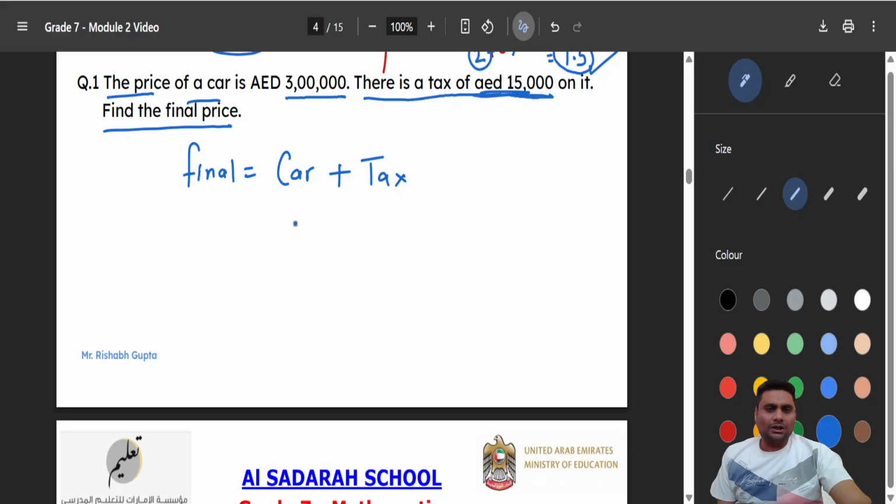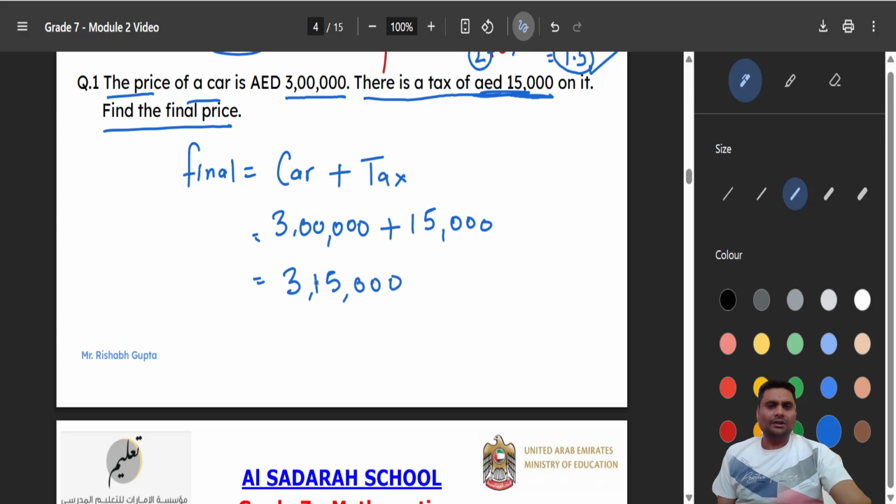The price of the car is 300,000 dirhams, yes or no? And then the tax is how much? 15,000 dirhams, correct? So 300,000 plus 15,000 will give me 315,000 dirhams. Khalas. So this is the total amount that I will pay, the final price. Understood? Easy.